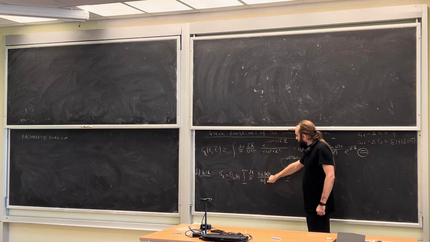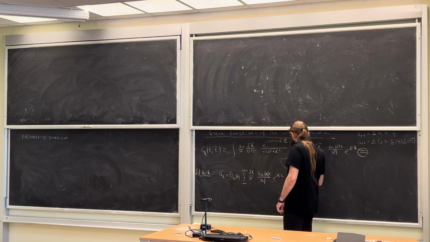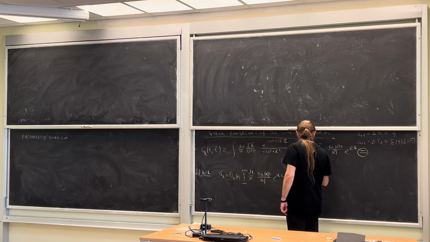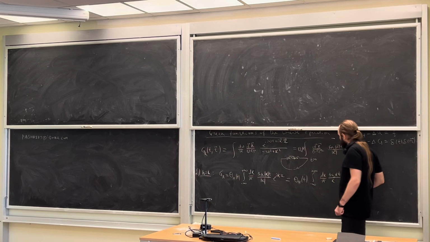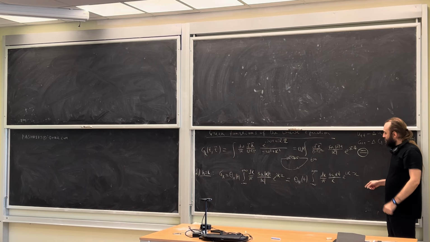So here we can notice that this function is symmetric with respect to k to minus k, so we can simply remove the absolute value of k, and it looks a little bit simpler.